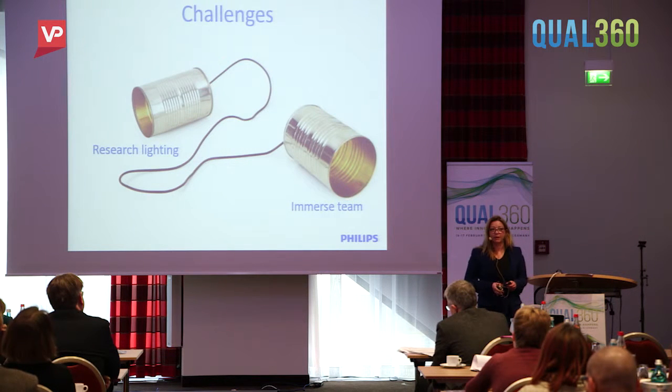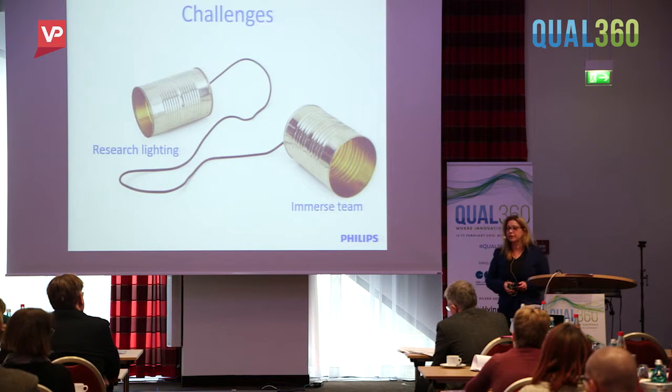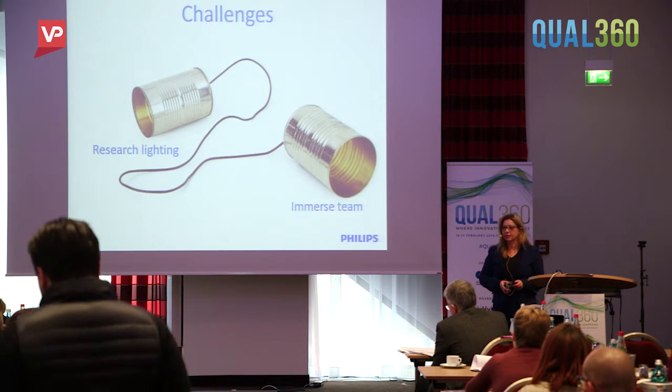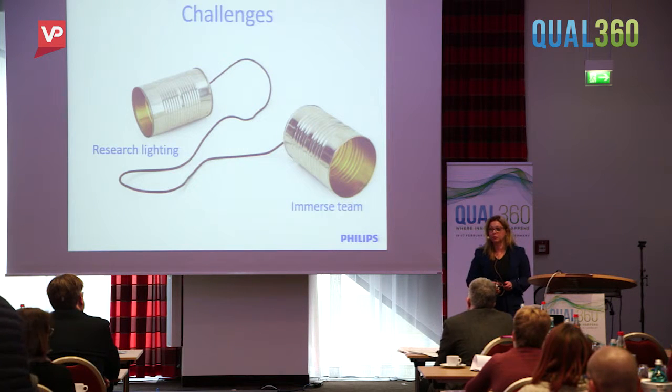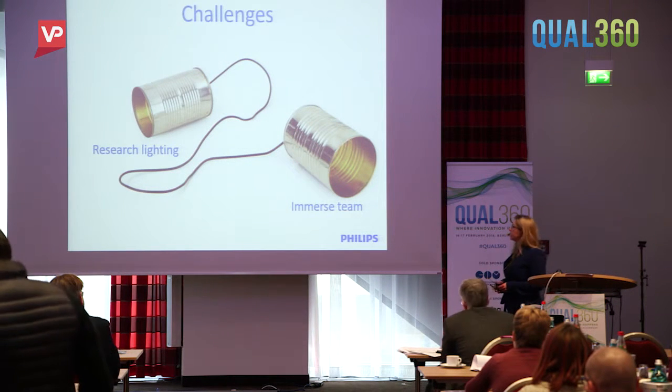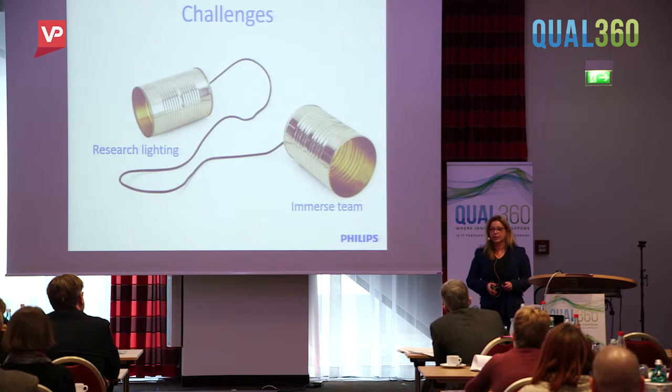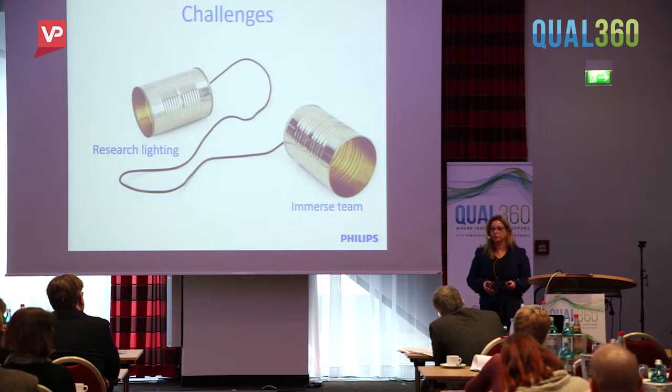I go one step back, because I've been doing research for lighting for something like 10 years now, and we keep on facing the same challenges, and we try to figure out how to overcome them. One of the challenges in lighting research is that people don't have a common language for lighting. We all speak and can understand each other, but what I talk about in terms of lighting specs could be really different from my neighbor.